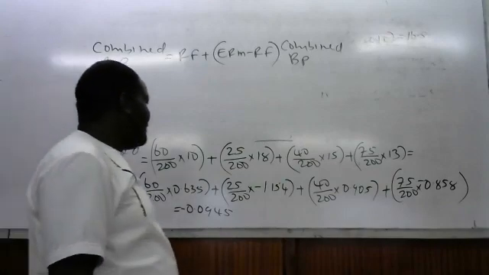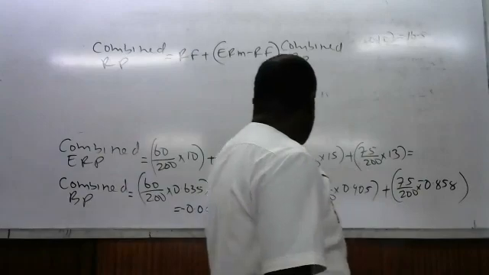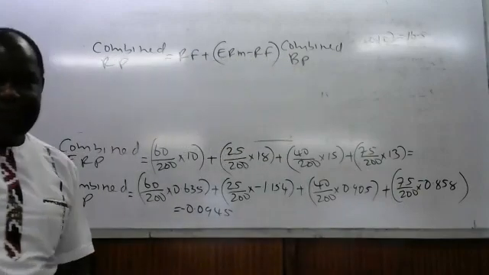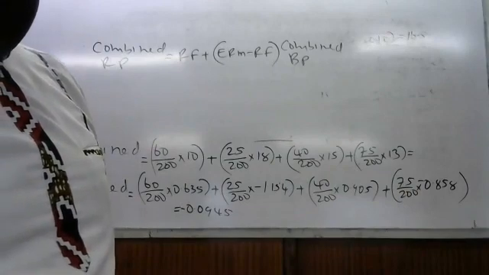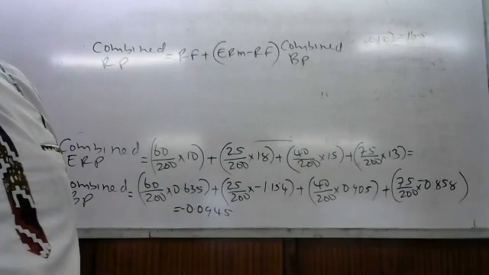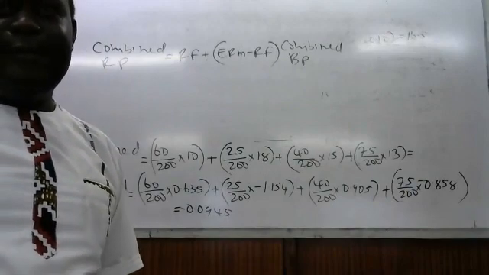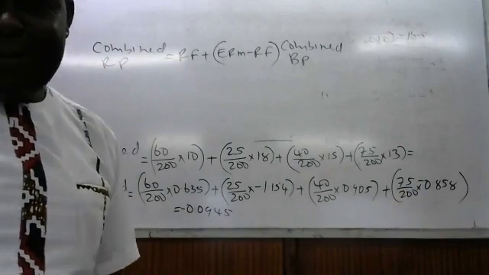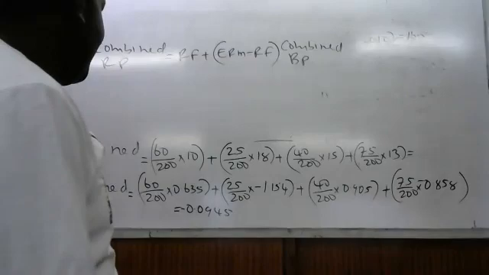Because there are two negatives. This negative and that is also negative. These ones are positive. Anyone who has calculated? 0.0944. Anyone else? So we can do it separately.